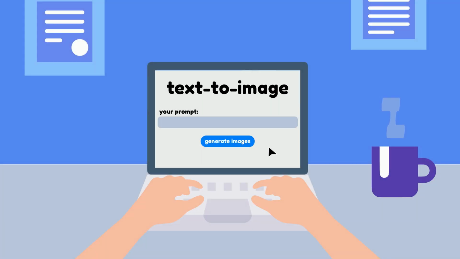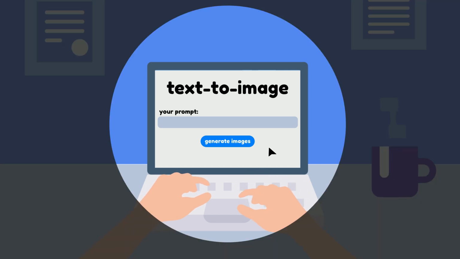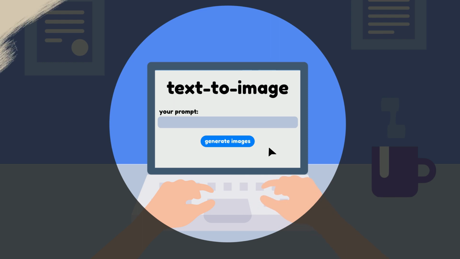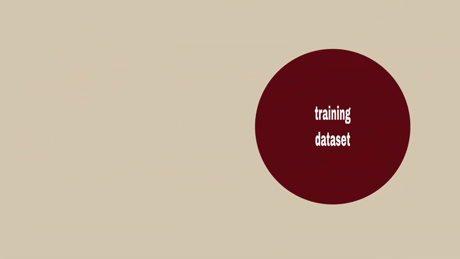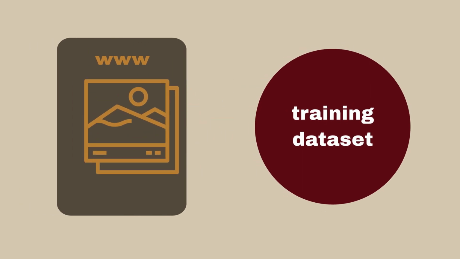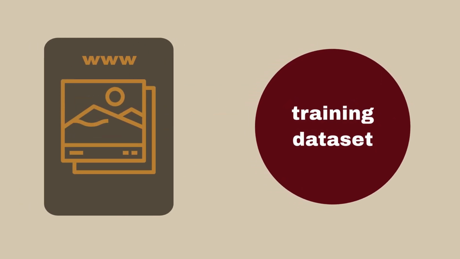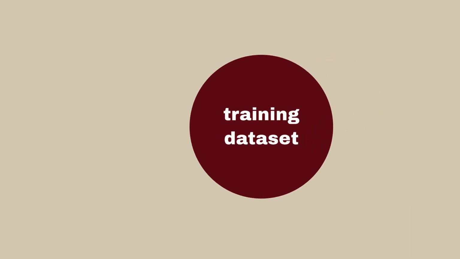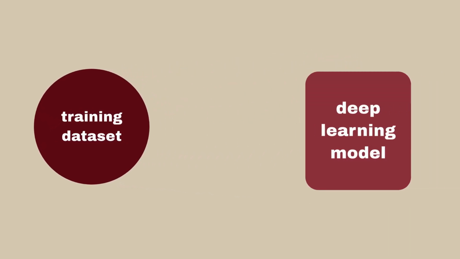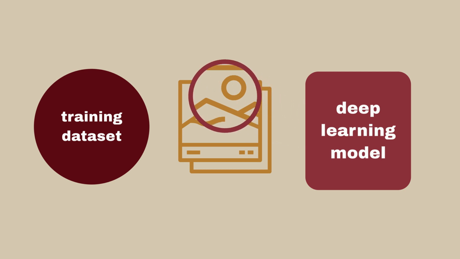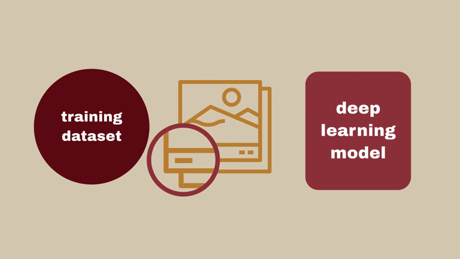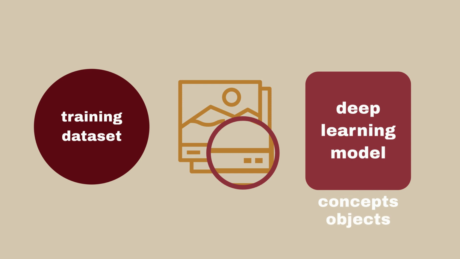To understand how these stereotypes and biases find their way into the images, we must first understand how text-to-image generators work. Let's keep it simple though. Developers start out with a massive training data set consisting of millions of images, along with their descriptions that have been collected from the web. A deep learning model is then deployed to understand the relations between the collected pictures and the respective textual description. This helps the model understand concepts and objects in images.